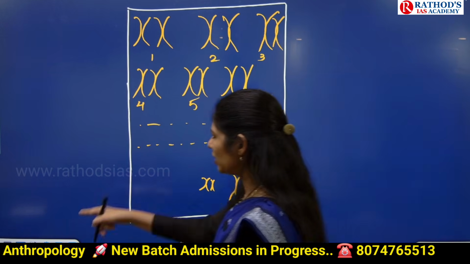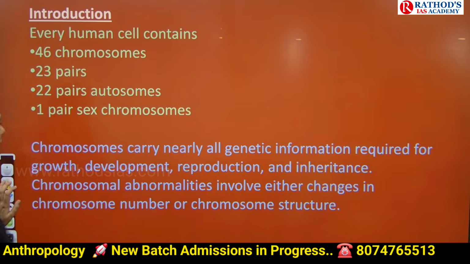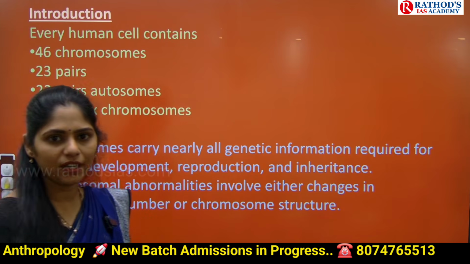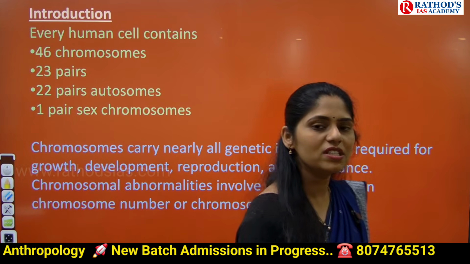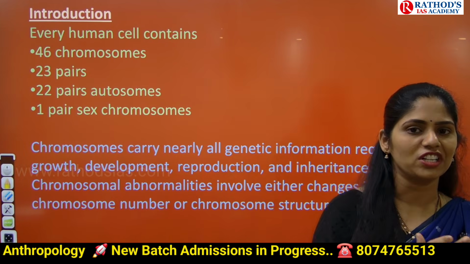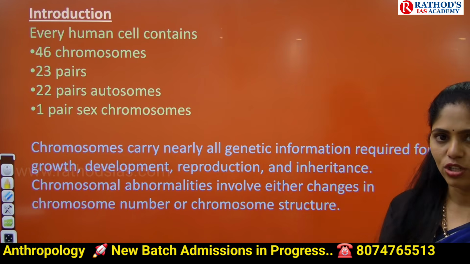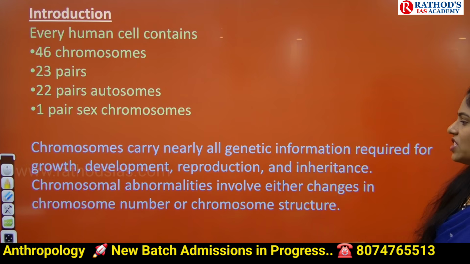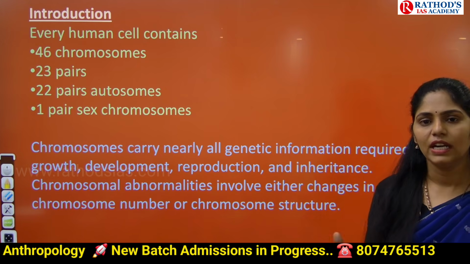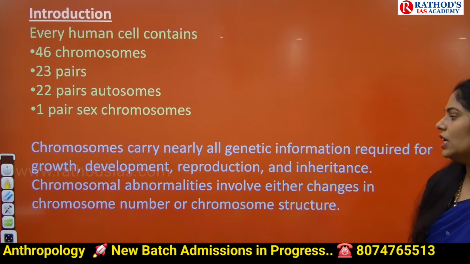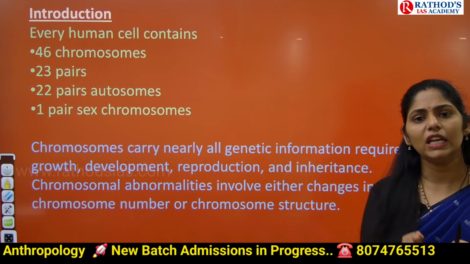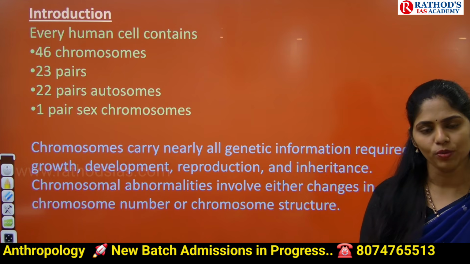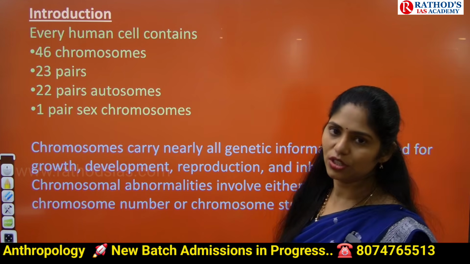Okay. So these are the basics of the chromosome. So why are chromosomes important, especially in genetics? Why do we study these numerical and structural aberrations? That is because chromosomes carry all genetic information which is required for entire growth, development, reproduction, inheritance. If there is any abnormality in this chromosome, that will be carried to the next generation.